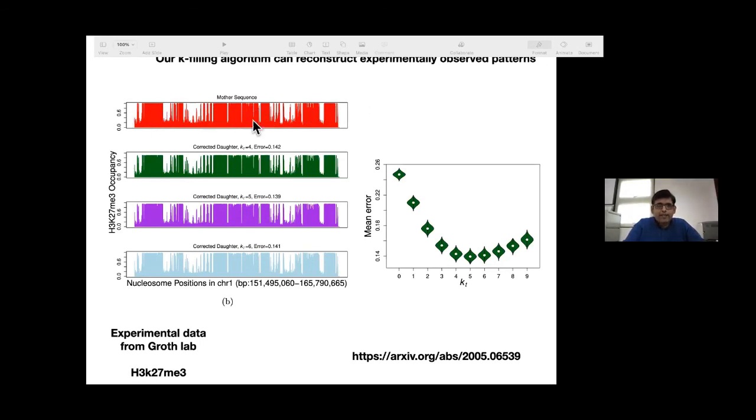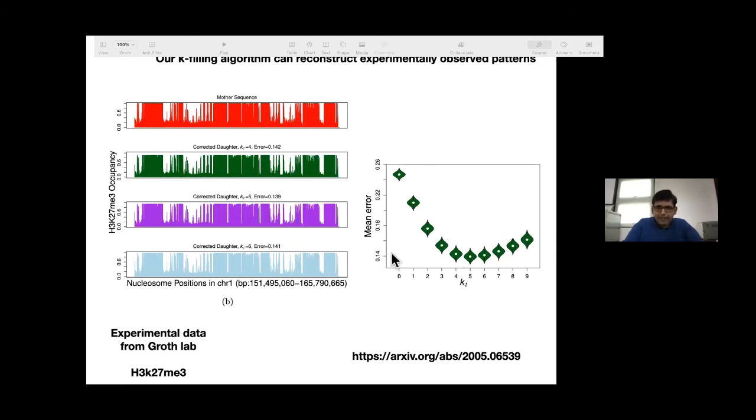We take this pattern, make it a binary sequence, and do the cell-division-like replication process on a computer. Then we fill using the threshold filling method, and we can choose whatever threshold we want. We see that there is a threshold value of 5 at which the error between mother and daughter is minimum.